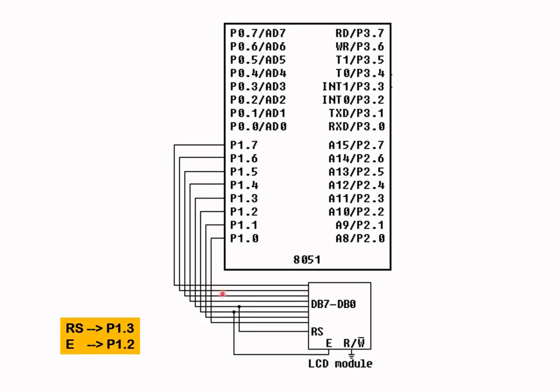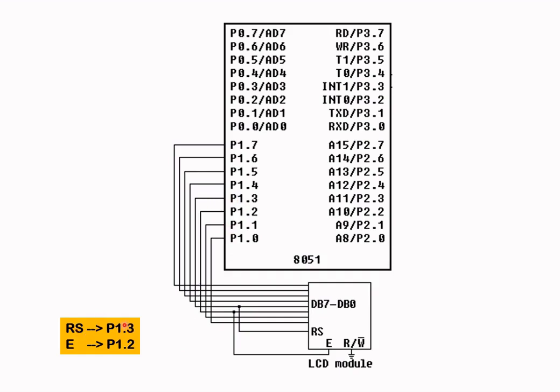And so we have here the schematic with the LEDs and DAC removed. The only thing for me to say is that all the data lines from the LCD module are connected to port 1, and the other thing to take note of is that the RS and enable pins on the LCD module are also connected to port 1.